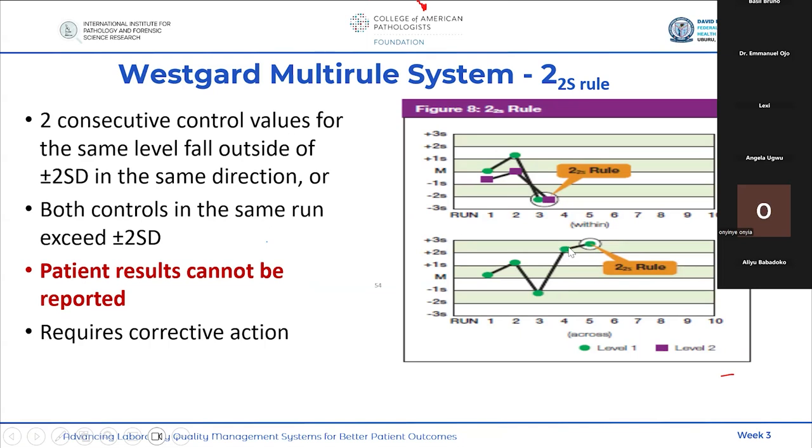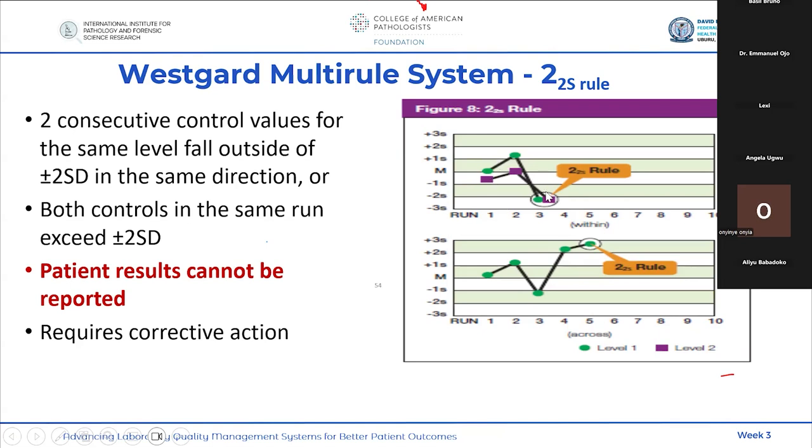You know, when it was like this, it is just 1 2S, and it was a 1 rule. But the next run was also outside the plus 2SD limit. So this is a violation of the 2 2S rule. The other example would be 2 levels of control.